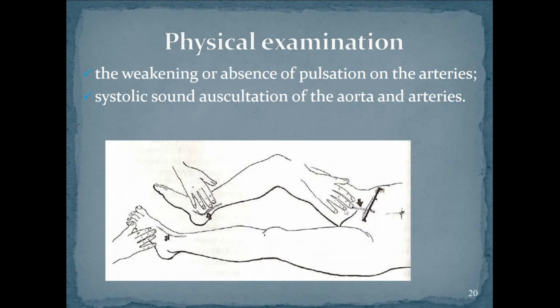The first one is the femoral artery, just below the inguinal crease. We press it to the bone and feel the pulse. In most of the cases, of course, excluding Leriche syndrome, the pulse will be present on the femoral artery.